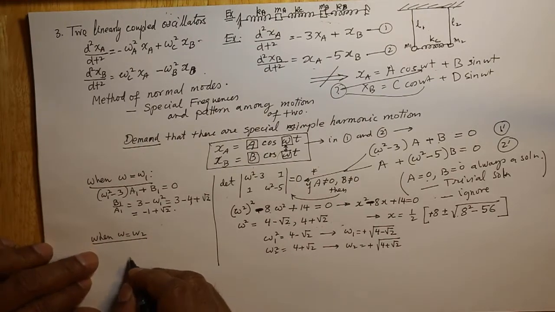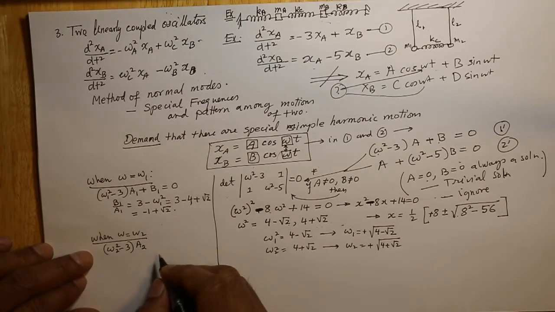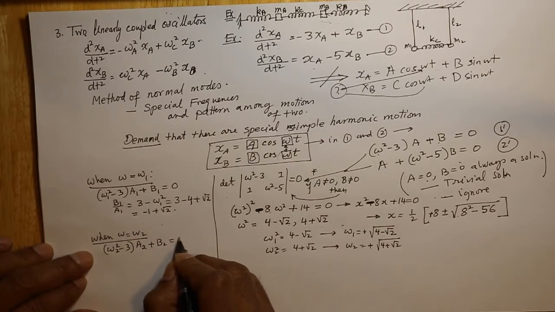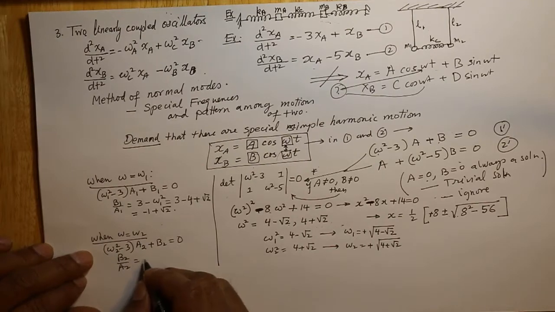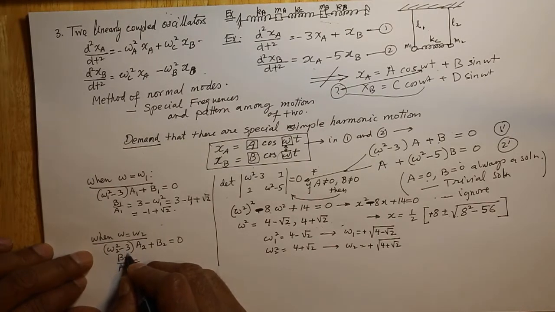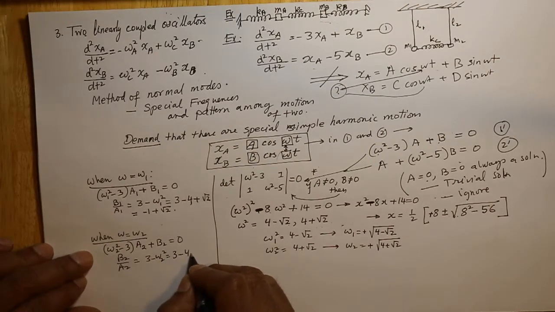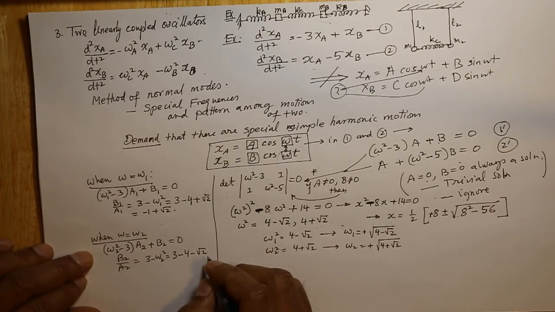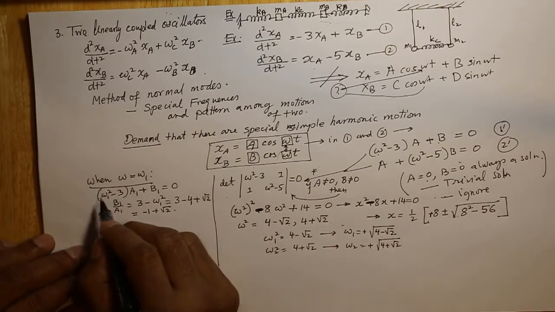When omega equals omega 2, we will have omega 2 square minus 3 times A2 plus B2 equal to 0. So B2 over A2 will be 3 minus omega 2 square, so 3 minus 4 minus square root 2, and that makes it minus 1 minus square root 2.